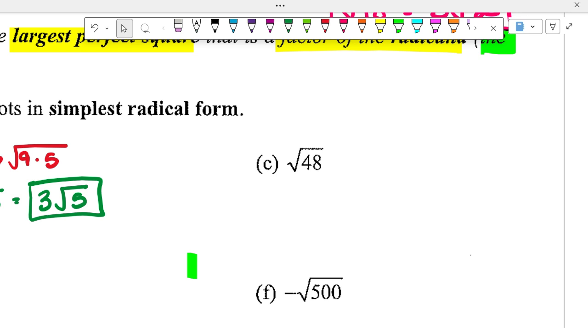So take a minute. Don't say it yet. But figure out which would be your biggest perfect square that goes into 48. So if you get 1, because there's more than 1 in this case, that works. If you get 1, keep going and see if there's a higher one.